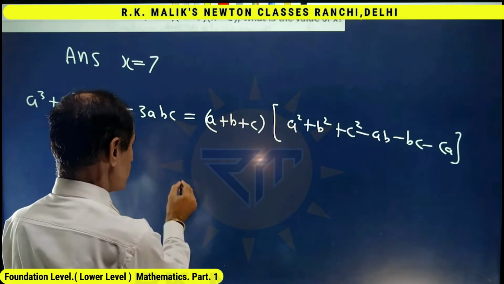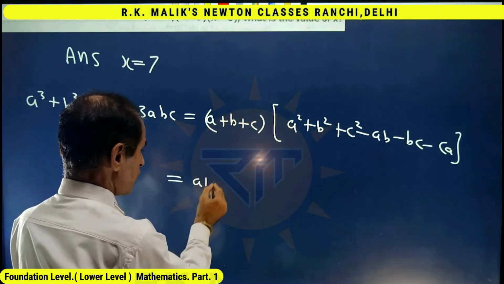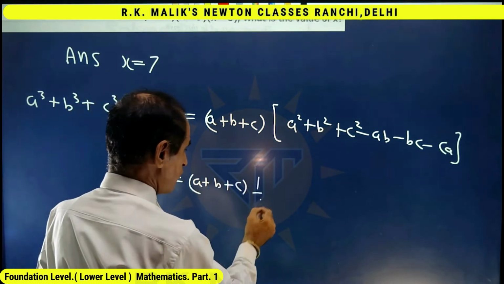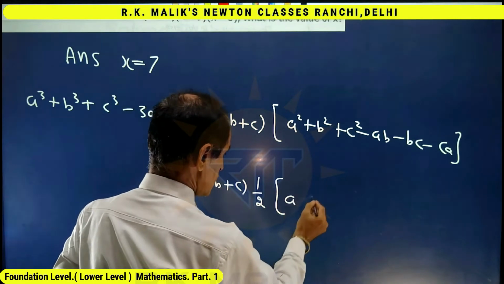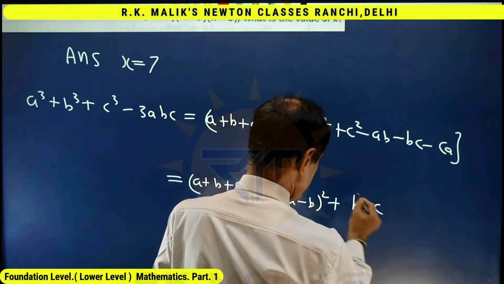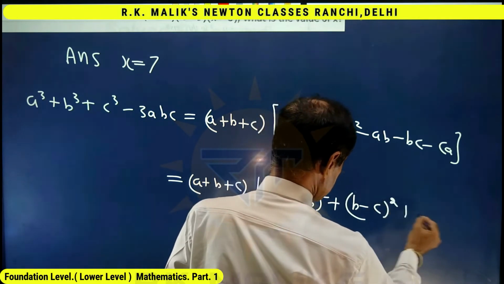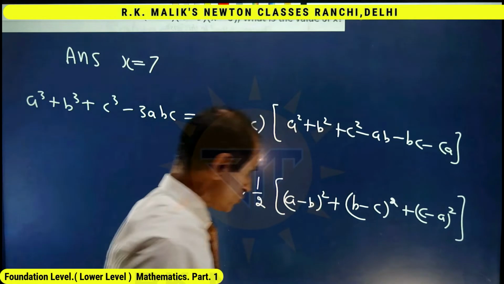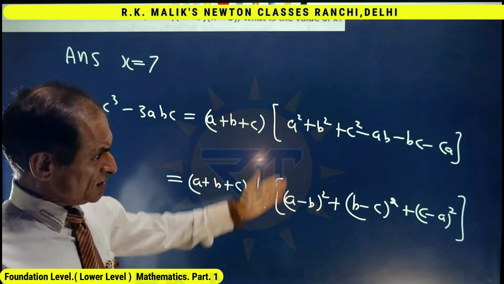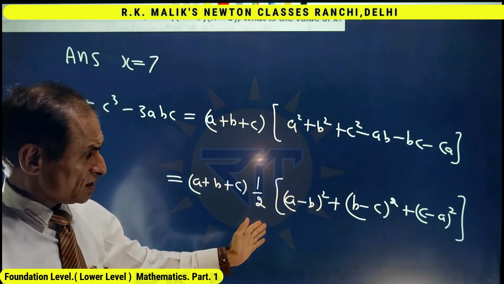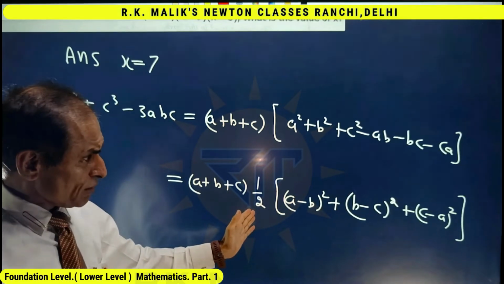And if you don't know, remember this thing, that further it can be written as half of (a minus b) whole square plus (b minus c) whole square plus (c minus a) whole square. You can easily get this result. Just open this bracket and multiply by 1 by 2.